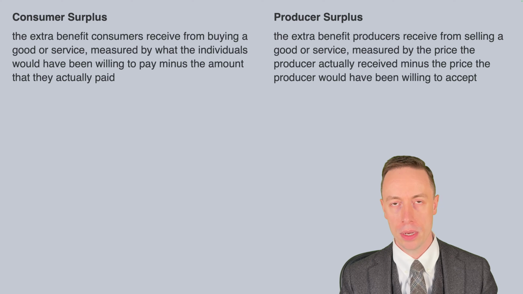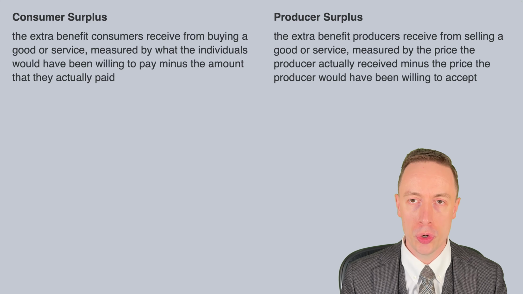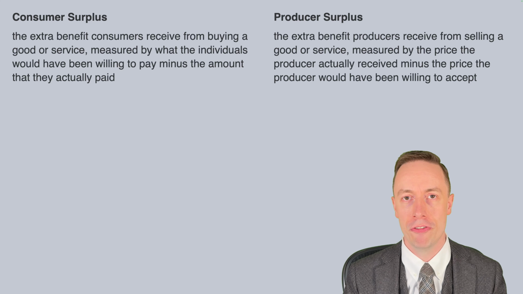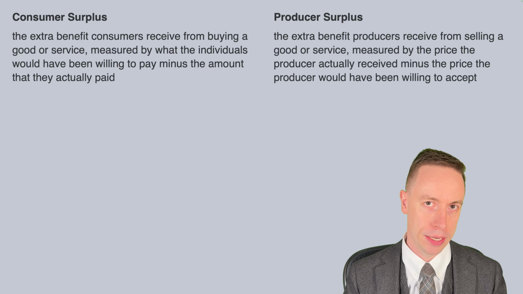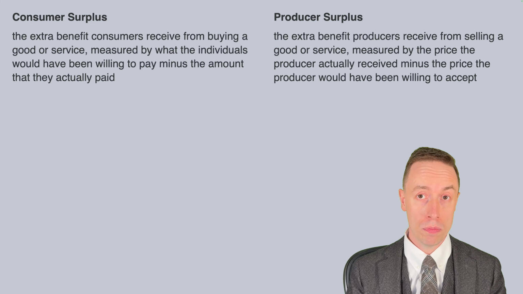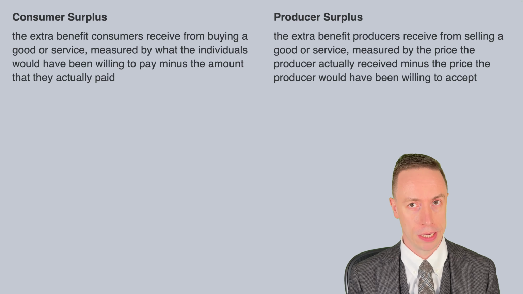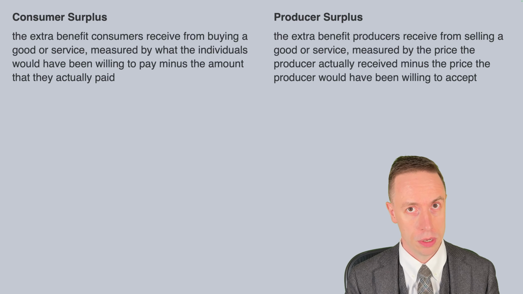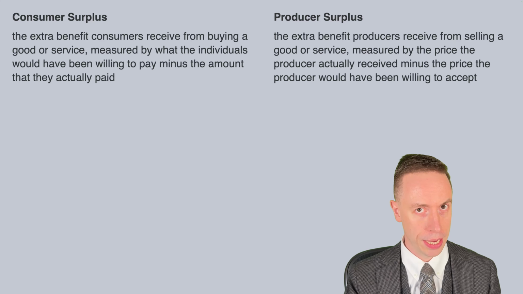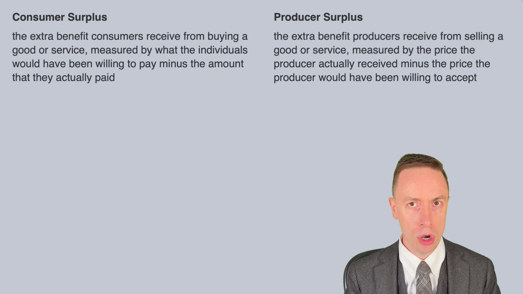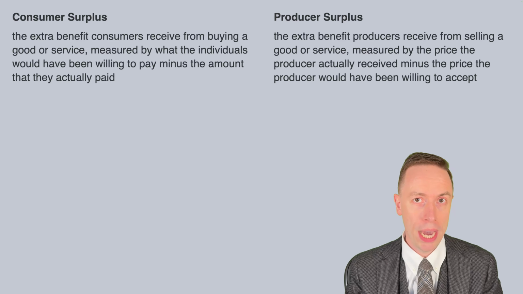So for example, you go to the store, you want to buy yourself a nice birthday cake. And you have worked out, hey, I'm willing to spend up to $30 on this. So if you go to the store and the birthday cake's more than $30, you say no thank you, but if it's $30, you'll buy it.